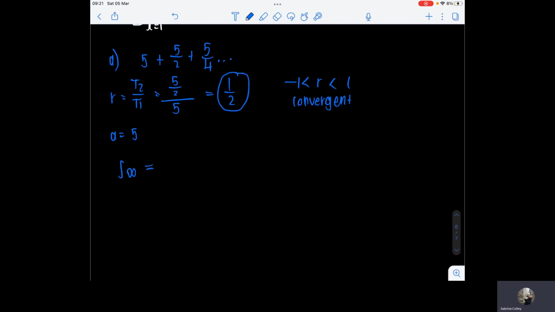So S to infinity is equal to a over 1 minus r, so sum to infinity is equal to 5 over 1 minus a half. If we put that into our calculators, I'm going to give you a minute to find mine.